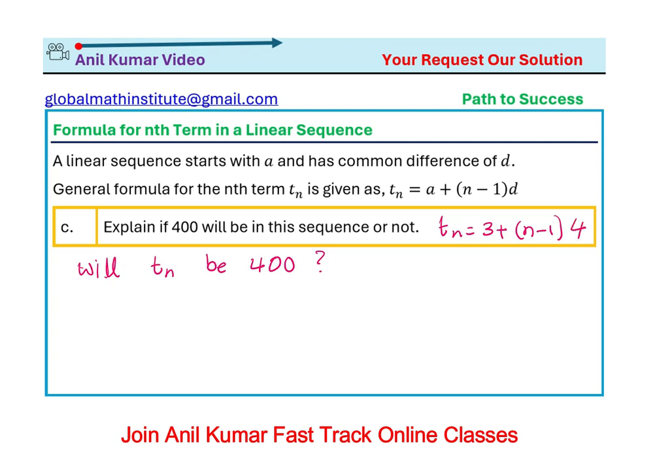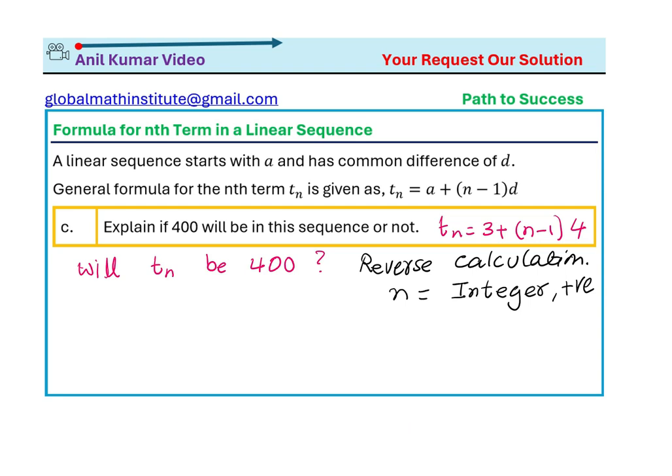So we can do the reverse calculation. When you get a result for n, you should get n as an integer, and that too positive, a number like 1, 2, 3, 4. Positive number, integer with no decimal value. Each position has a fixed natural number.